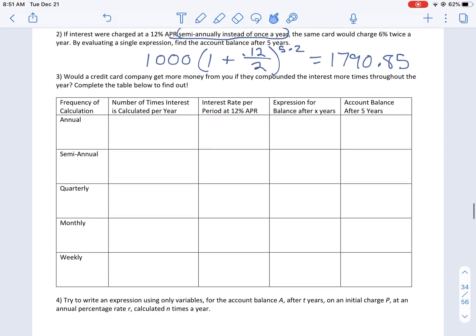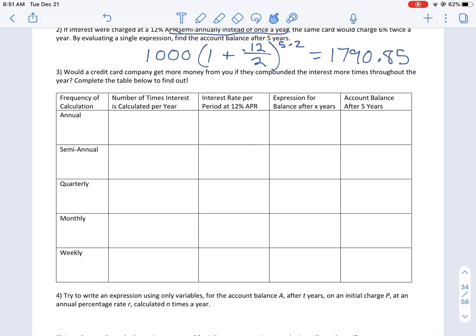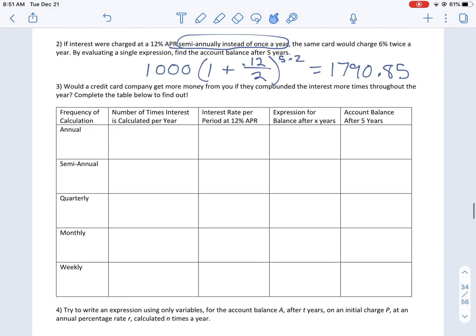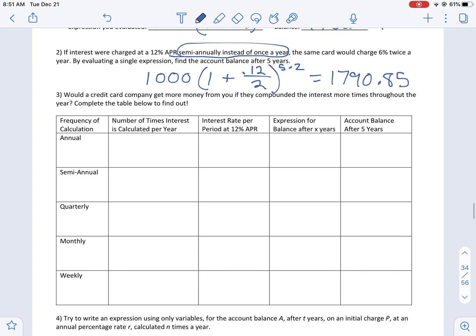So we're going to start filling in this chart to see what happens. Annually is once a year. Semi-annually is twice. Quarterly is 4 times. Monthly is 12. And weekly is 52.